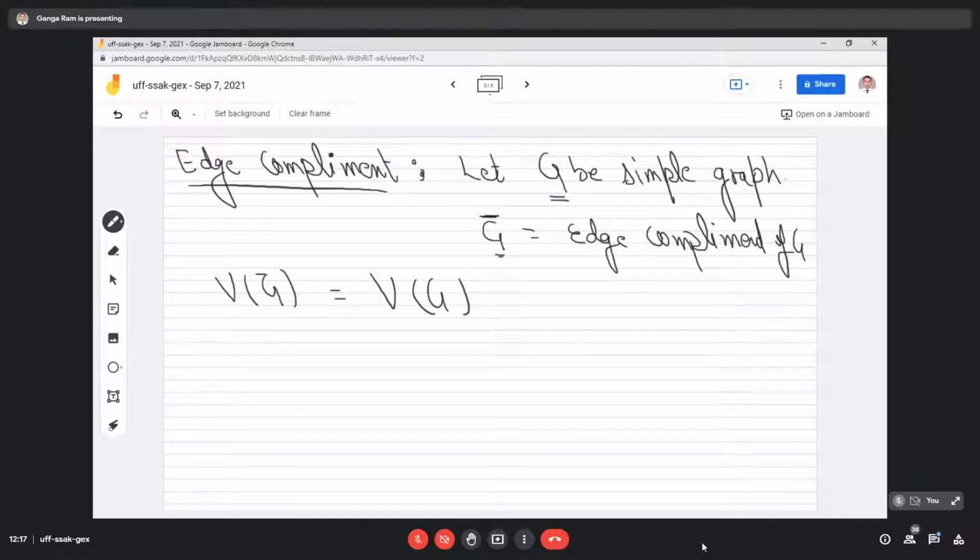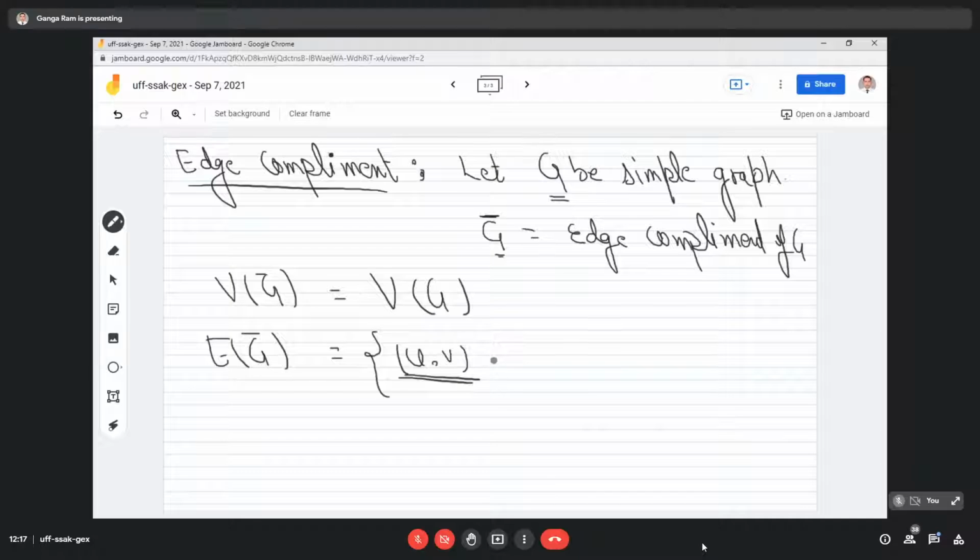And what is the edge set of G bar? UV is basically representing an edge.